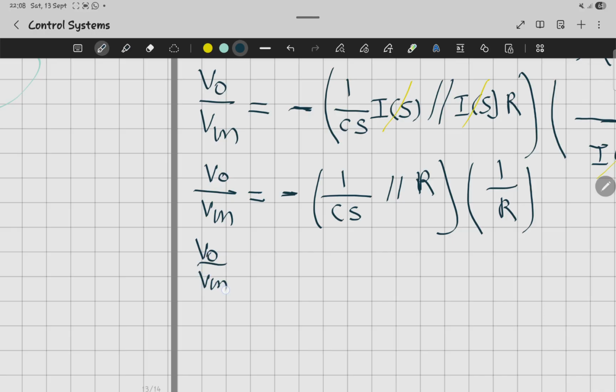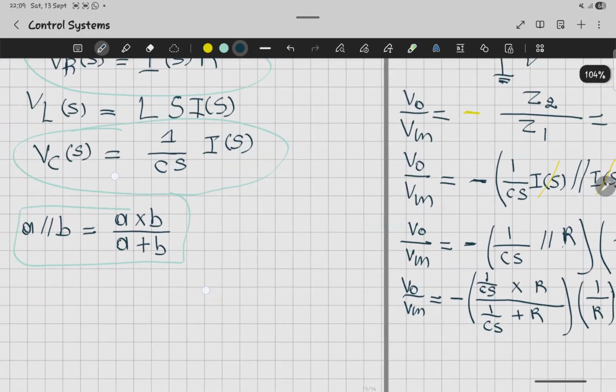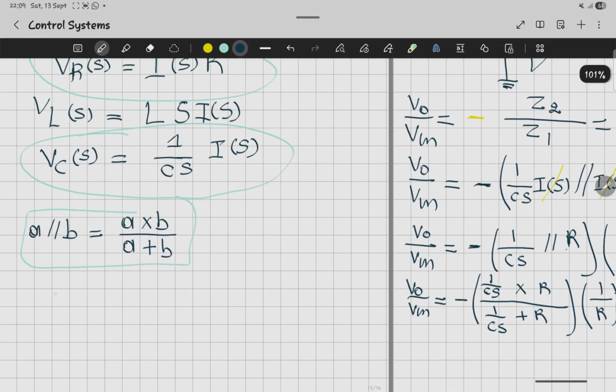So it's going to be something like this: v0 over v in equals negative, and we're going to multiply 1 over CS times R, over 1 over CS plus R, times 1 over R. Just to keep it clean and proper, I'm going to solve it separately.